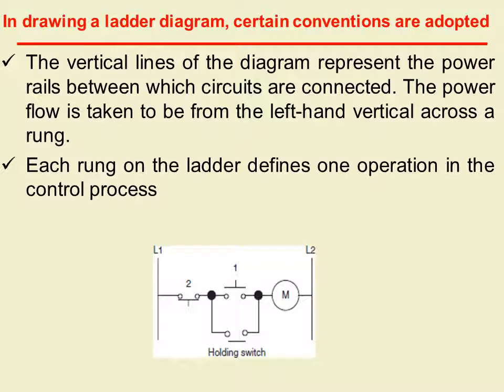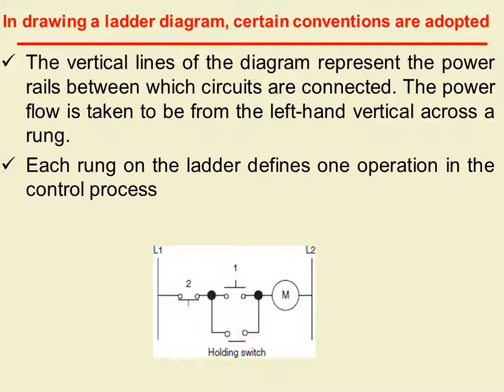Here is one ladder diagram shown. You can see L1 and L2. These are the vertical lines which represent the power lines. The names given to them are L1 and L2. L1 is the positive power supply and L2 the neutral line.